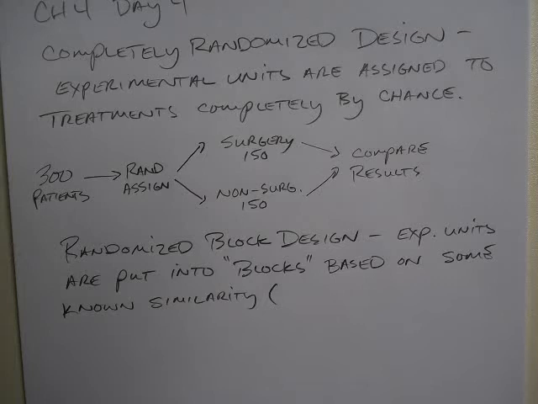How might things be blocked? What kinds of things are similar? Could be gender, age, could be race.